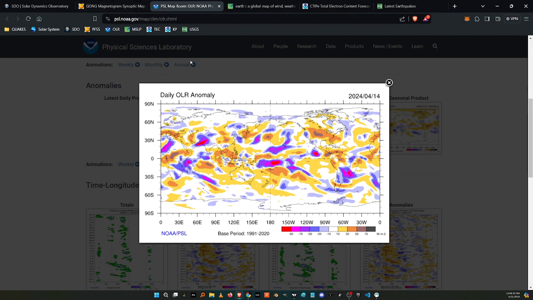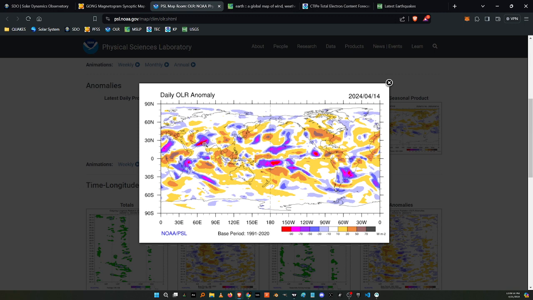It's a pretty cool site. Anyways, this is the daily OLR anomaly. OLR stands for outgoing longwave radiation, and basically that's slow moving radiation waves that are emanating upward from the Earth's surface or its lithosphere into the atmosphere. And I'll explain why that's relevant later.